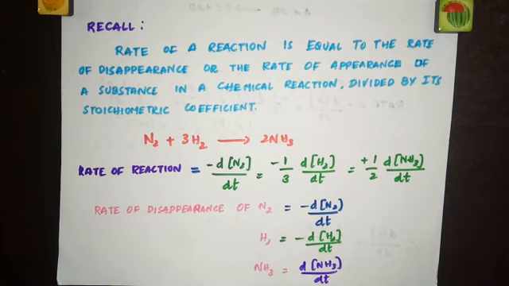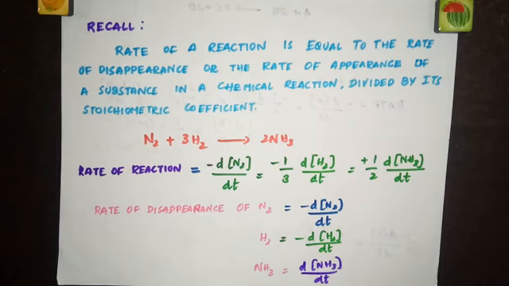So you can relate the rate of a reaction to the rate of disappearance if it is reactants, or the rate of appearance if you're talking about products in a chemical reaction.